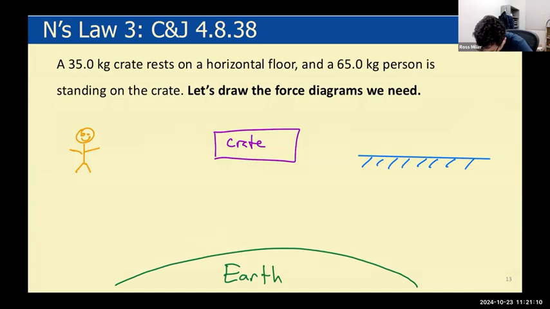So let's go ahead and make sure we draw the diagrams. So for forces, start with the person. Person standing on the crate. And they're not moving. So let me make sure I draw these balanced.